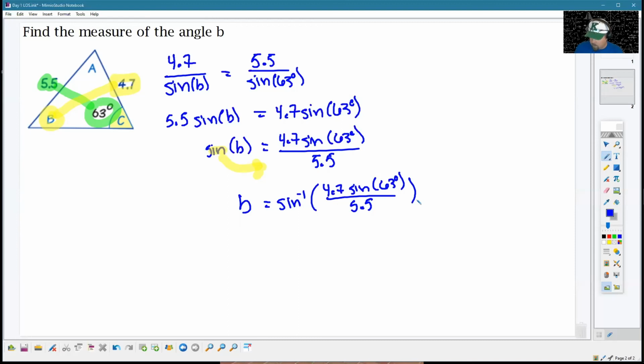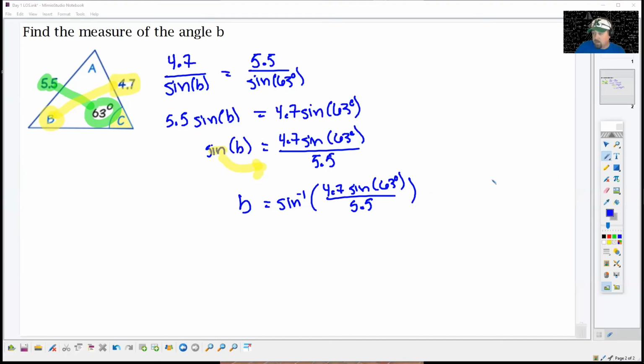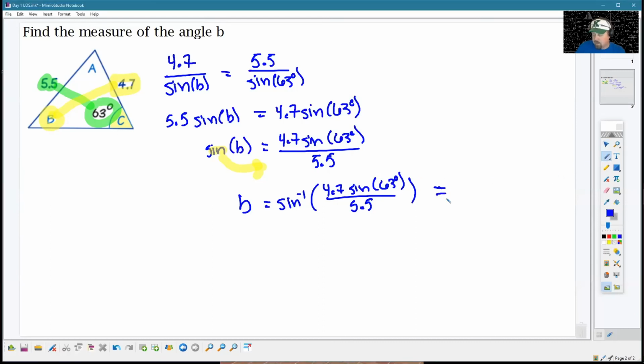I'm going to divide that by 5.5, and I get this 0.76 number, but I'm not going to round that. I'm going to go second sine, second answer, and now I'll round. I got 49.588, but I'm going to round that to one place and say that this is equal to about 49.6 degrees.